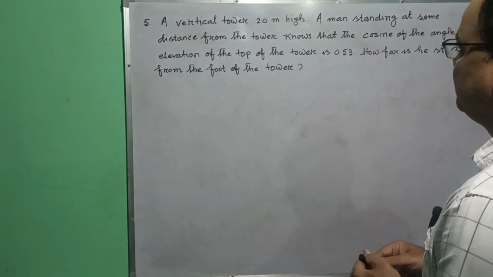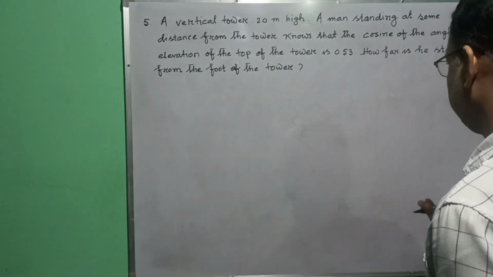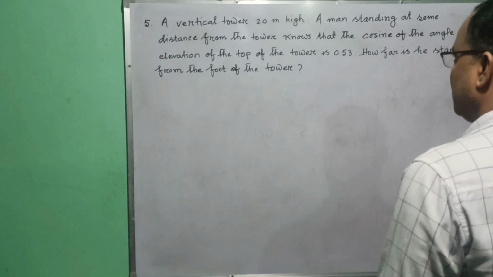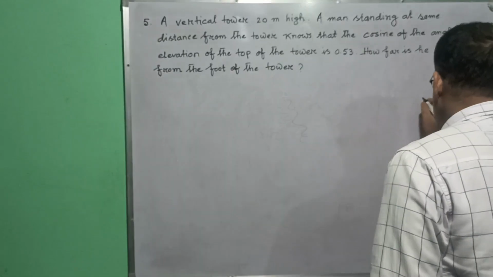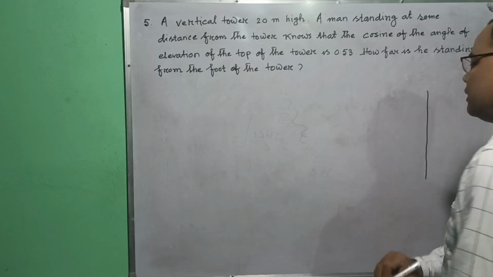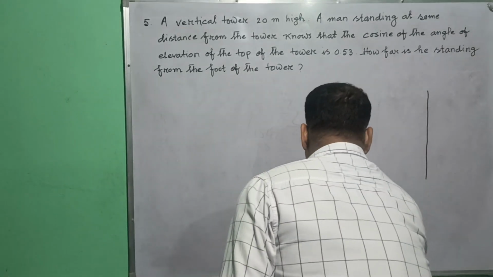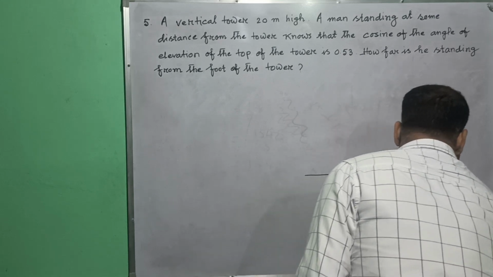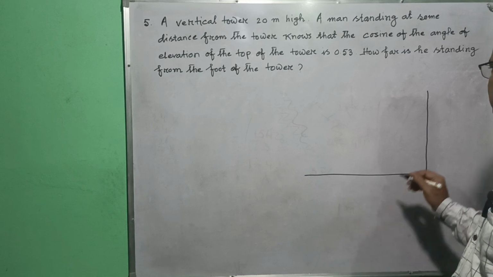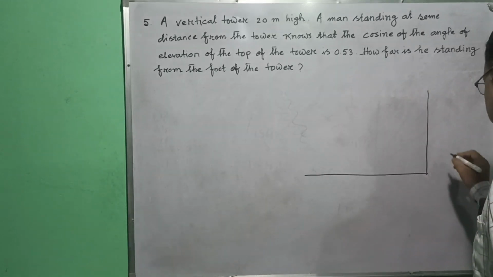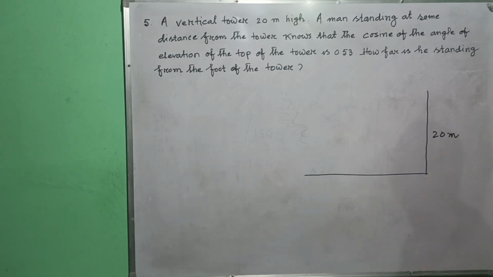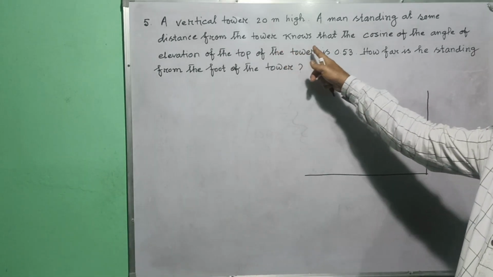According to the question, first we have to draw the figure. Here the height of the tower is 20 meter. Let me draw a tower on the level ground, and the height of the tower we can write here as 20 meter.